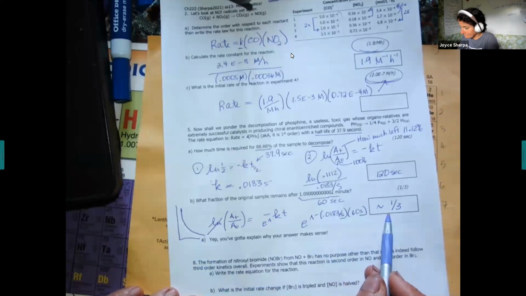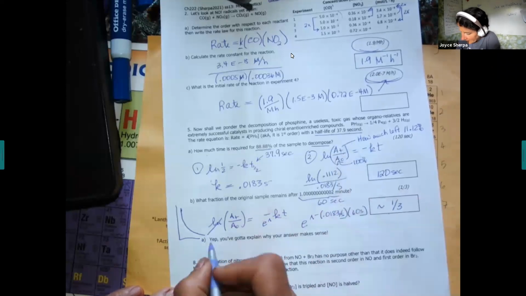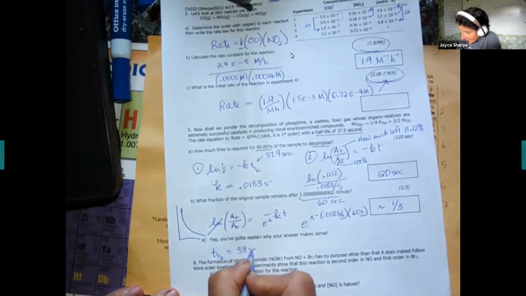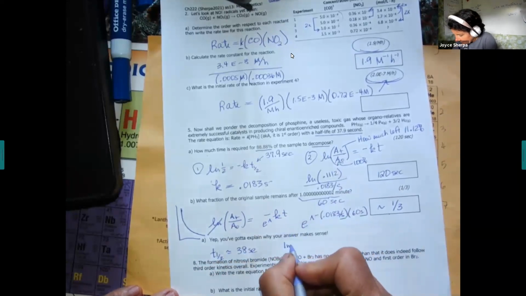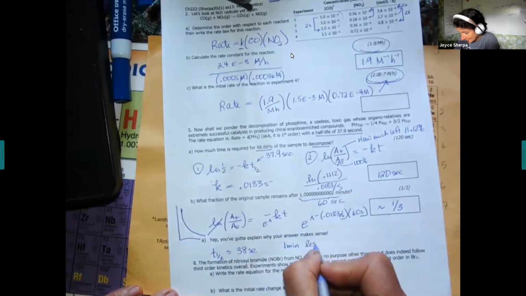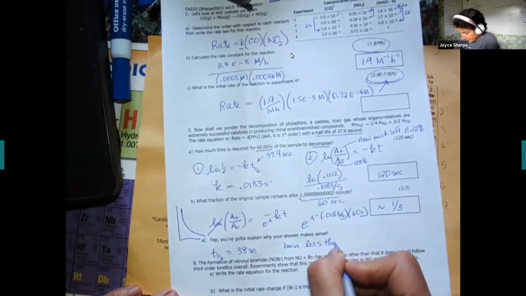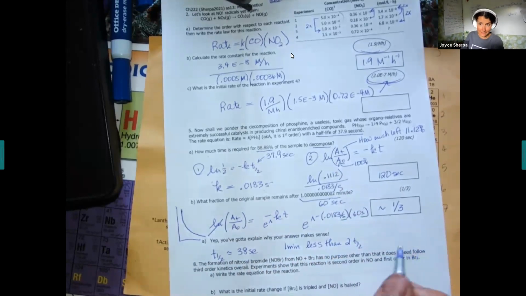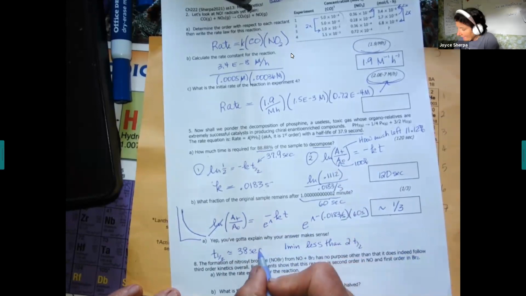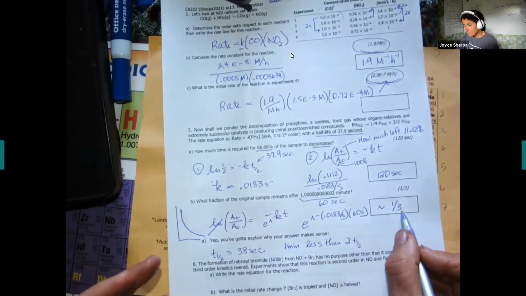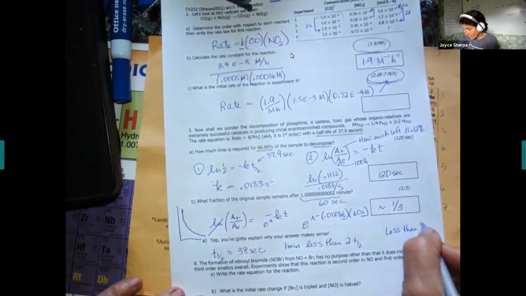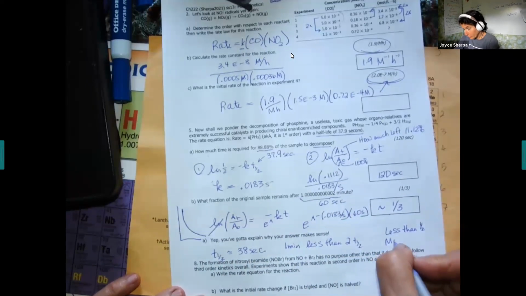If the half-life is around 38 seconds, then 1 minute is less than 2 half-lives, just a little bit less than that. So you can't do that mathematically, but it should be less than a half, or 50%, but more than a quarter.